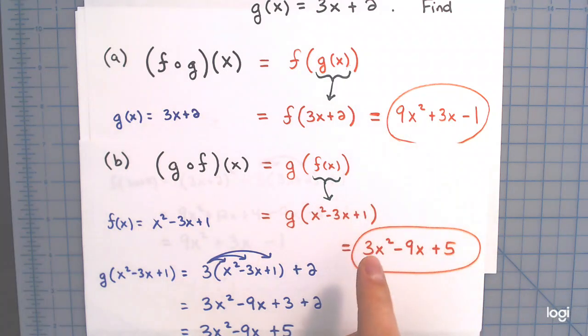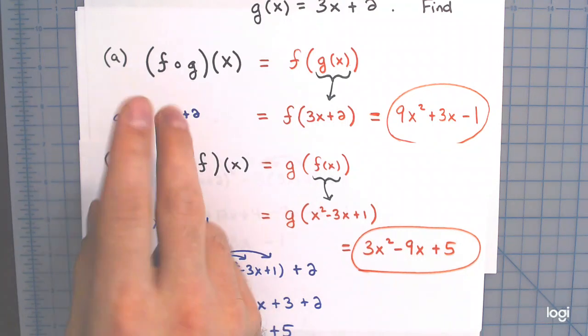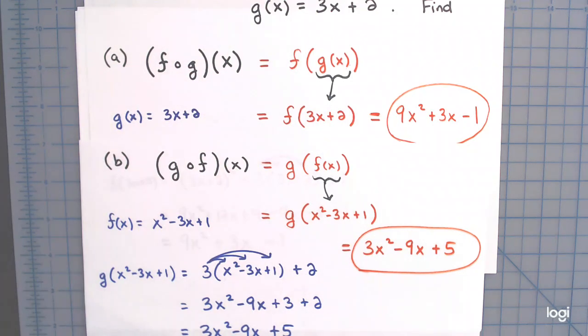This is not the same output, not the same expression. 3x squared minus 9x plus 5 is not the same as 9x squared plus 3x minus 1. Again, there are some cases where they will be the same, but so far all we've seen are cases where they're not the same.